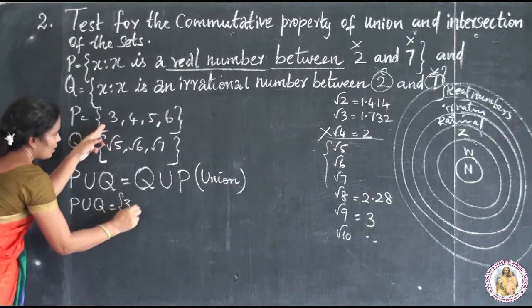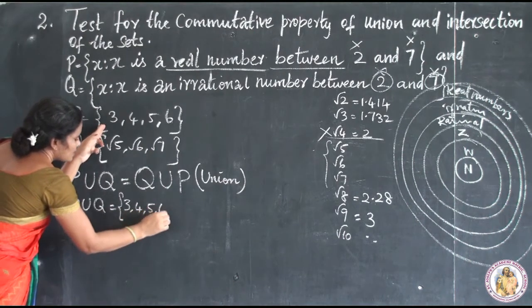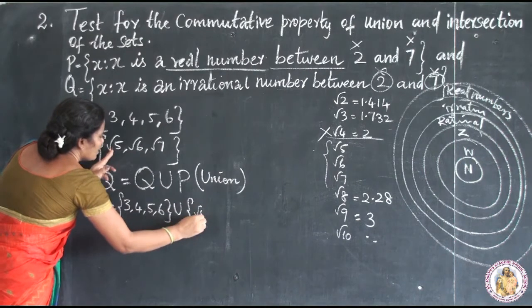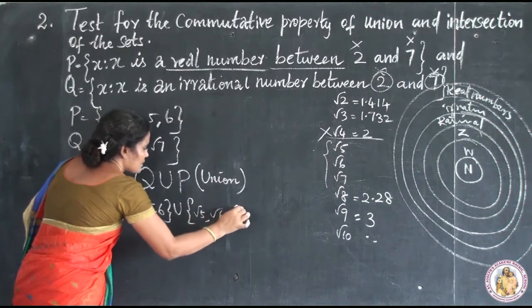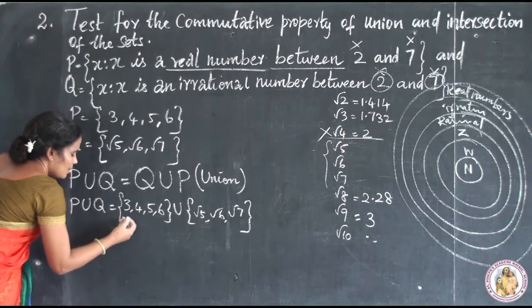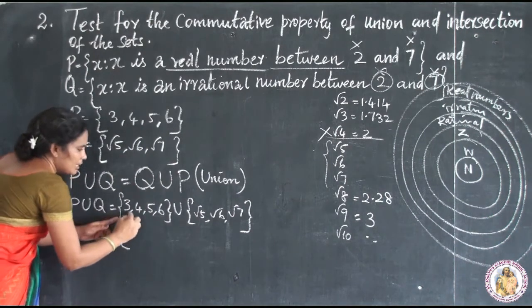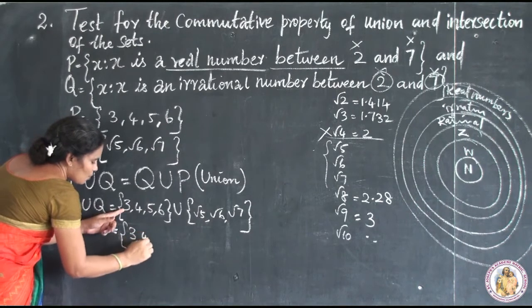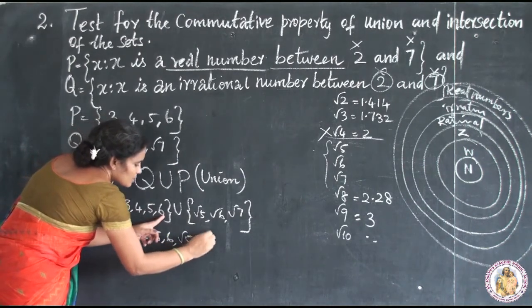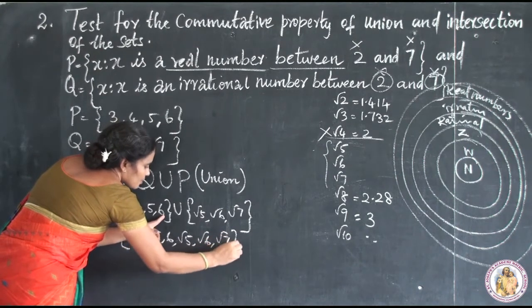P is {3, 4, 5, 6} and Q is {root 5, root 6, root 7}. Okay, union: write all the numbers. There is 3, 4, 5, 6, root 5, root 6, root 7.